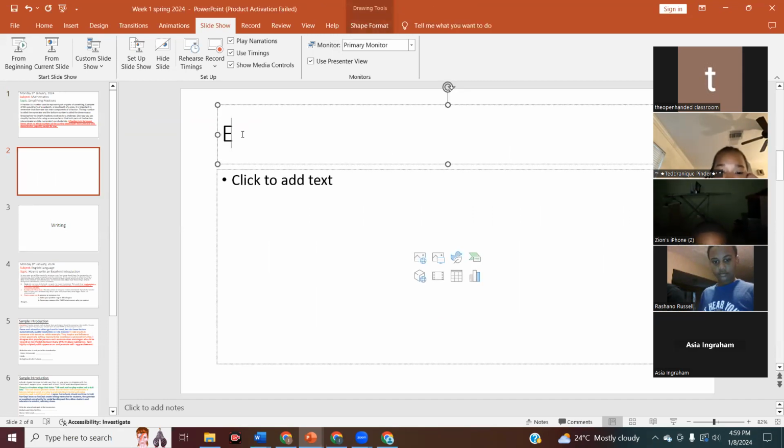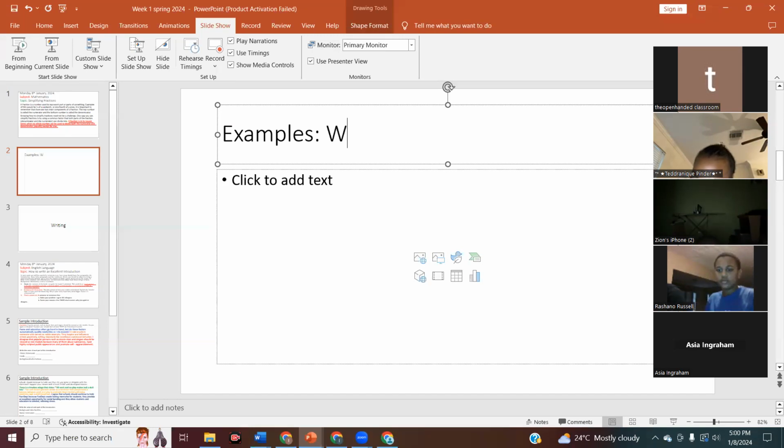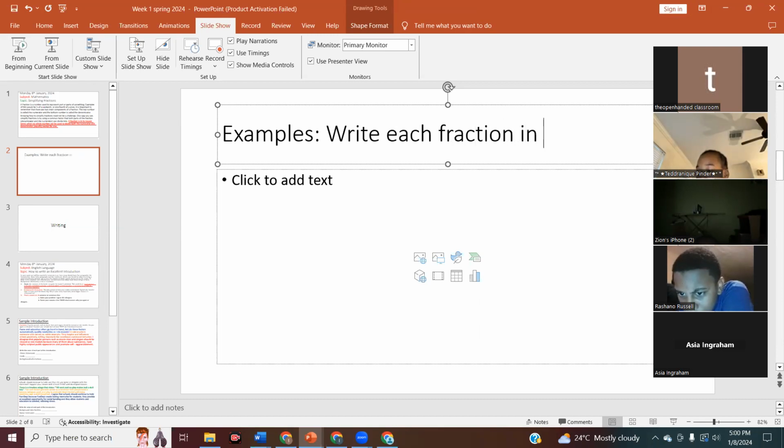All right, so let's do several examples. For this one, the instructions are: write each fraction in its lowest terms.